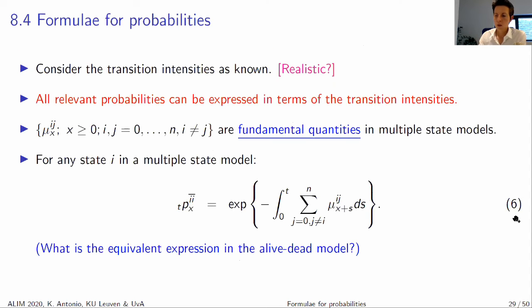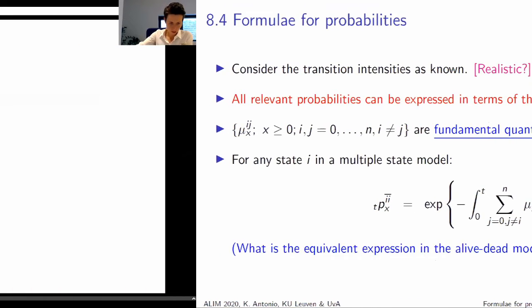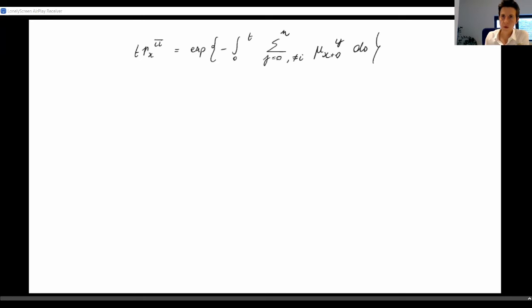Okay, so how does that work? I'm going to look at the expression that t p x ii bar is equal to the exponential of minus the integral from 0 to t of the sum over j, where j is different from i, of mu x plus s ij, and I'll take the integral over s.